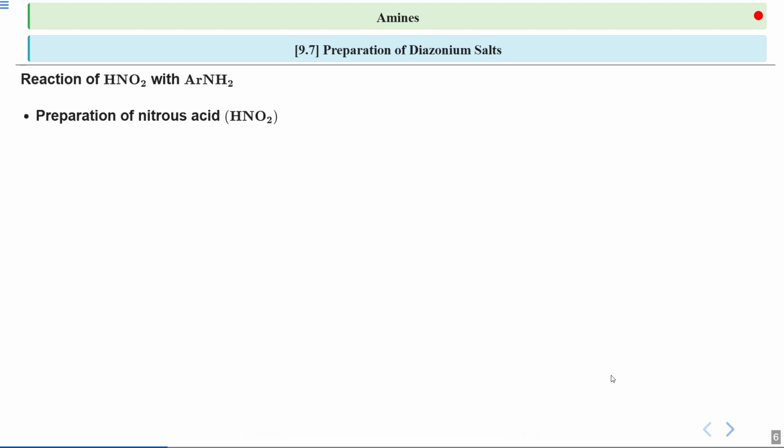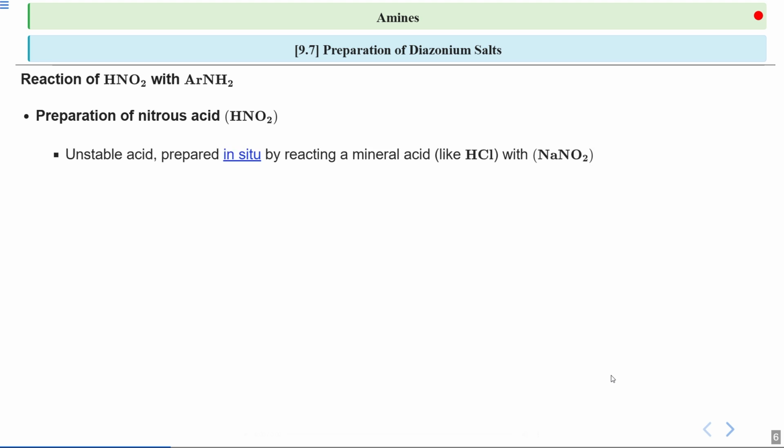Now one thing which you need to notice is that this is an unstable acid. So we have to make it right before we use it, which is called preparing it in situ. Okay, this means that we generate it directly in the reaction mixture rather than storing it ahead of time.